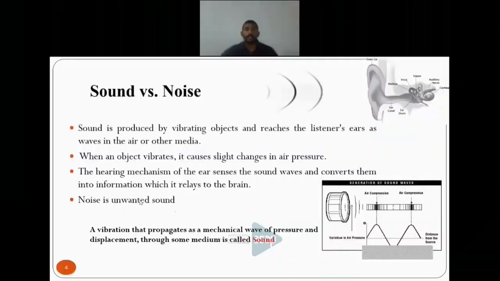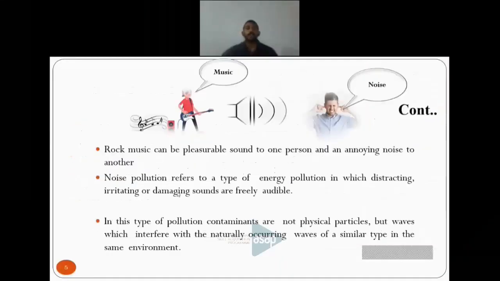Moving to noise: noise is unwanted sound. Whether something is considered noise depends on the people. Is it noise or music? If a man is playing rock music, it may be pleasurable noise for the person who is listening, and similarly it may be irritating or annoying noise for another person.